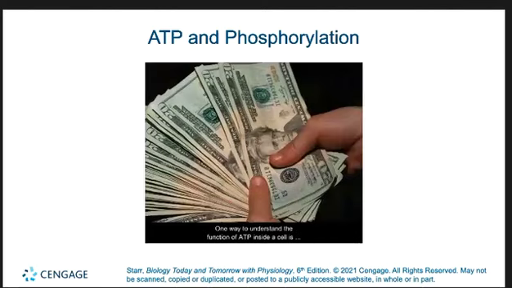One way to understand the function of ATP inside a cell is to think of it as a type of energy currency. When a cell needs work to be completed, it must spend ATP, just like we need to pay others money for services performed.